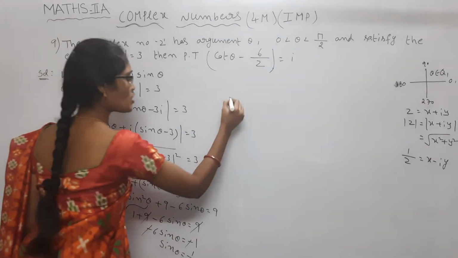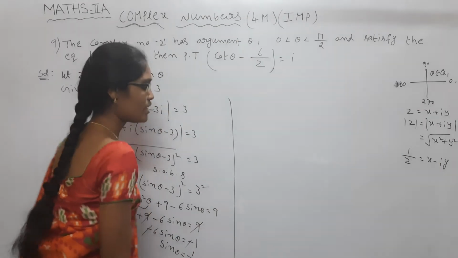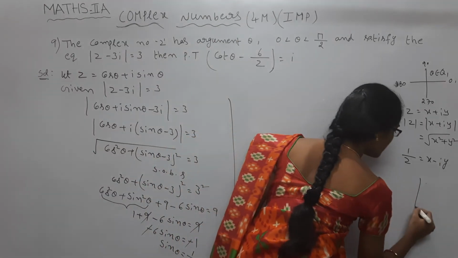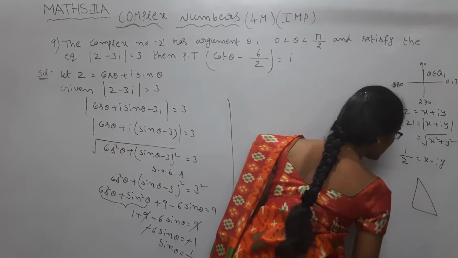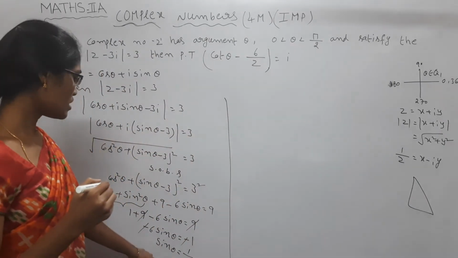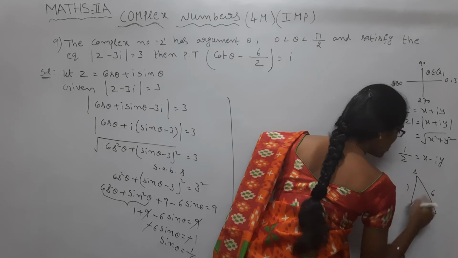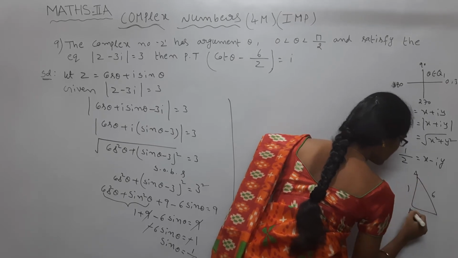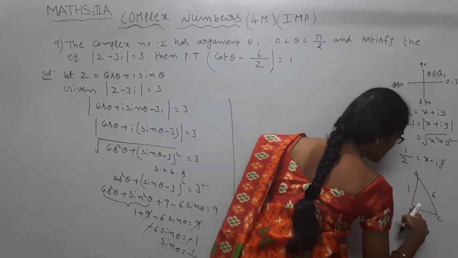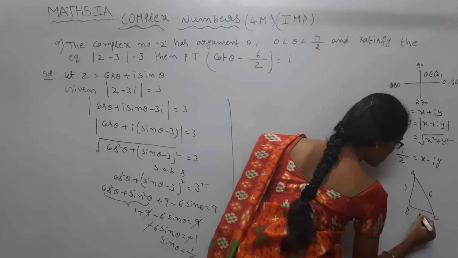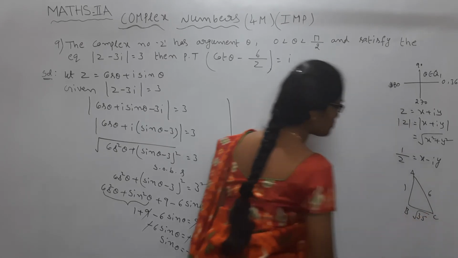So we get sin theta = 1/6. By Pythagoras theorem, sin theta means opposite by hypotenuse. In triangle ABC, the side is the square root of 36 minus 1, which is root 35.